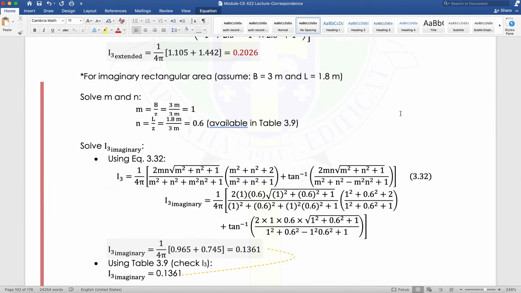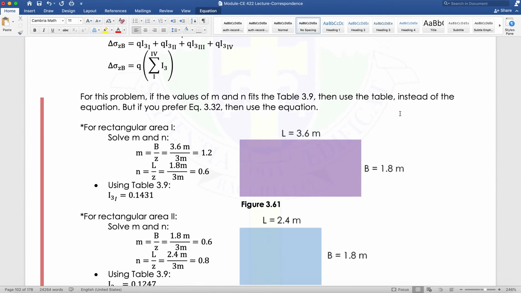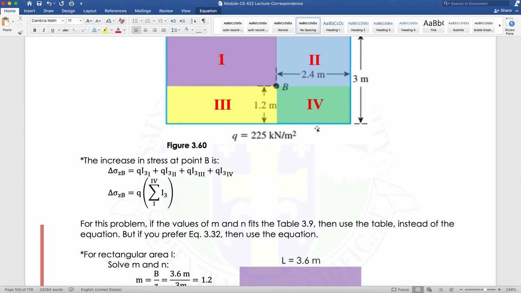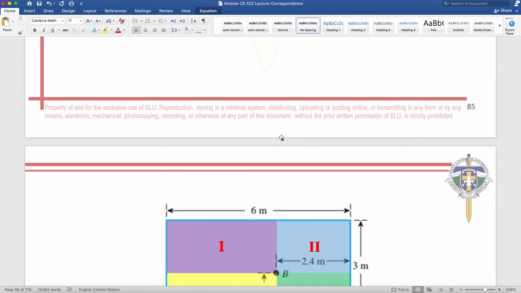Okay, now if you're going to observe, pag nasa loob, mas malaki yung distributed na stress or malaki yung contribute na stress doon sa soil mass natin. Pero habang palayo siya ng palayo sa soil mass natin, like for example, sa load natin, mas maliit yung value ng delta sigma z.